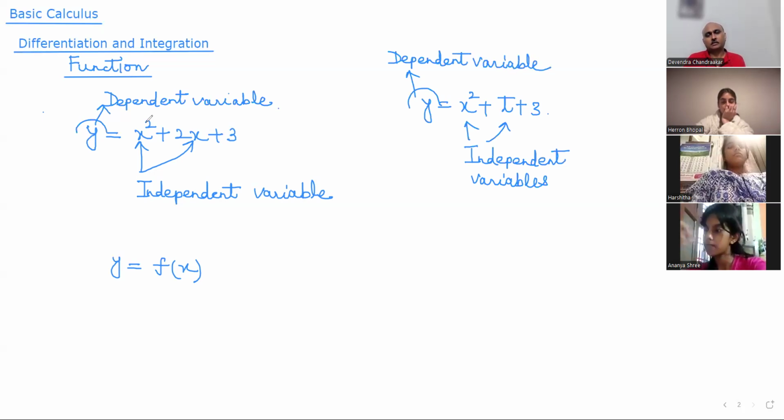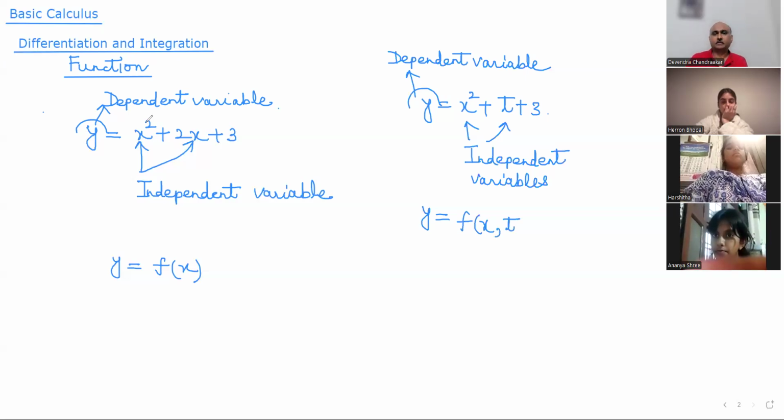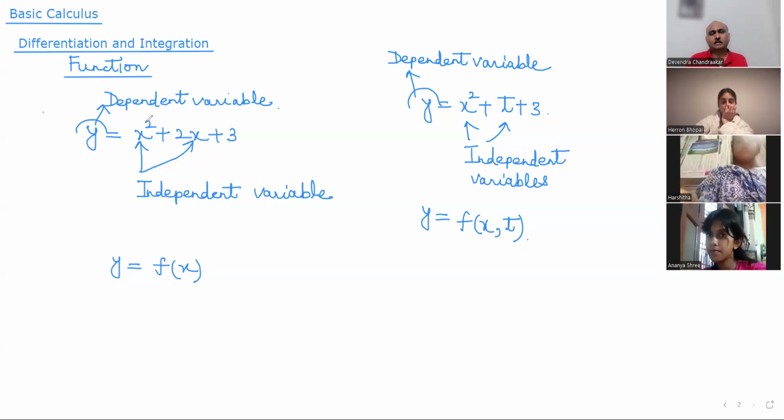And y is a function of both x and t. This is how it is written. Always remember it like this, right? So you are aware about dependent and independent variables now, right? Please note it quickly. Then we'll move ahead.